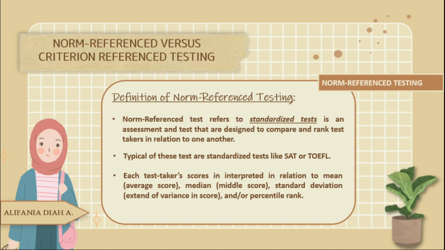Each test taker's score is interpreted in relation to the mean or average score, median, middle score, standard deviation, or extent of variance in scores, and or percentile rank. Norm-referenced scores are generally reported as a percentage or percentile ranking.